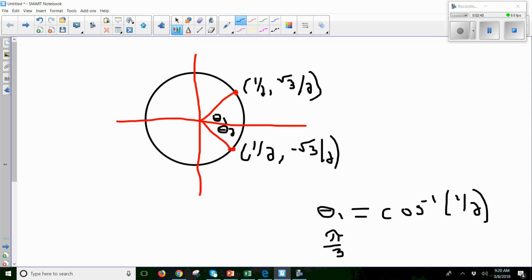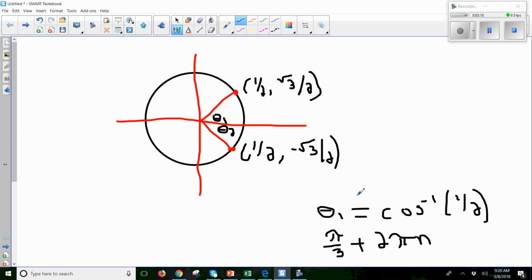But because of the period, I could add or subtract any multiple of 2 pi, so I'll call it 2 pi n, where n could be any integer. It could be 0, positive or negative 1, positive or negative 2, and we're going to get a whole bunch of solutions that differ by the period from pi over 3.